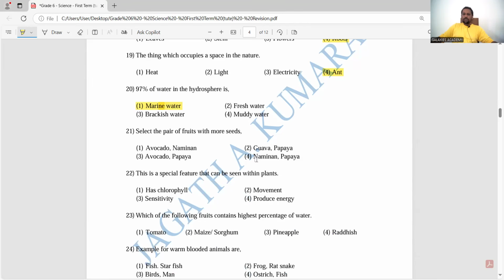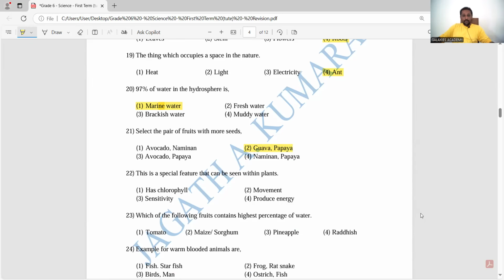Now you can understand when you observe the answers: avocado, naminam; guava, papaya; avocado, papaya; naminam, papaya. Guava contains a lot of seeds inside the fruit, and papaya also contains more black seeds in the fruit. So what is the correct answer for this question? Number 2, guava and papaya.